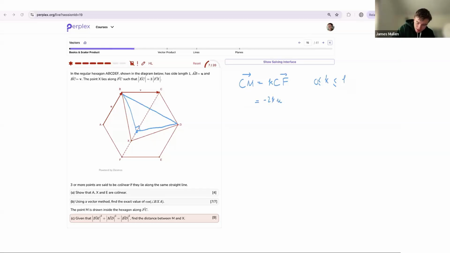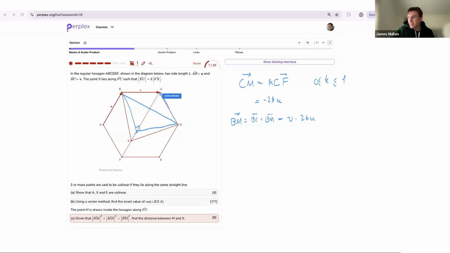All right. And now I can say that BM is going to be BC plus CM. And BC is V. So I'm going to have V minus 2ku. All right. That is for BM. And now for DM, I can say I do DC. Okay, so DC, I'm going to go from here to here, and then I'm going to add the same thing.